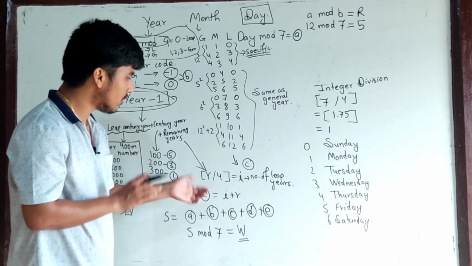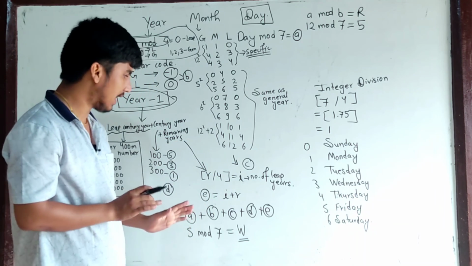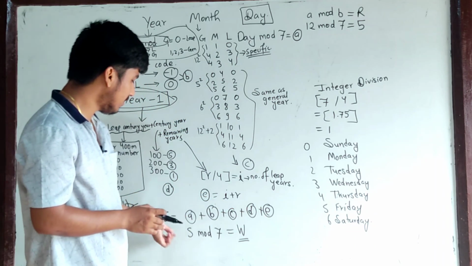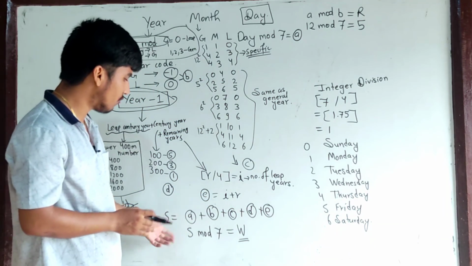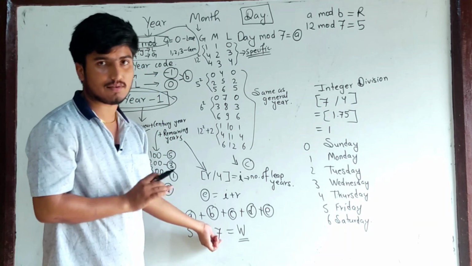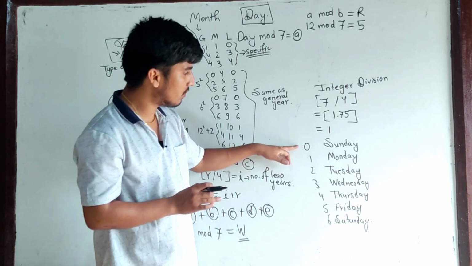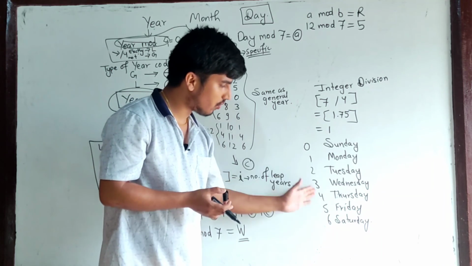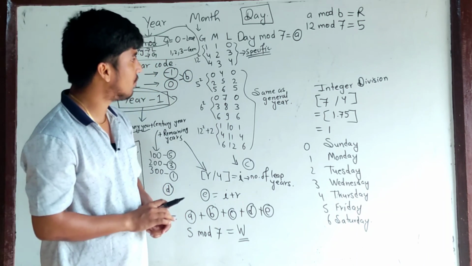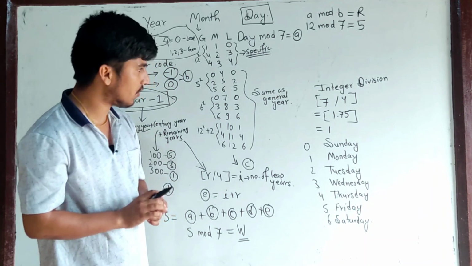And for the code E, we add the number of leap years to the remaining years, and this will give us the code E. And the next step is we add all the codes from A to E, and this will give us a sum S, and at last we perform modular division by 7, and that will give us W. If W is 0, then it's a Sunday, and so on up to 6. If it's a 6, then it's a Saturday. So for the theory behind the trick and for applications, please continue to the next video.